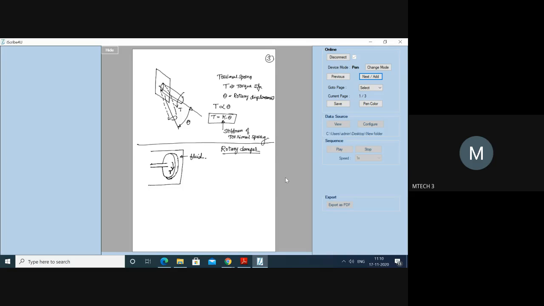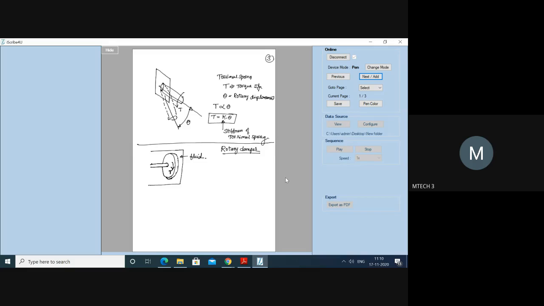Okay, right. Now in this case, are you able to understand? Yes, sir. Okay, now with the rotary damper, what is happening with the disc here?